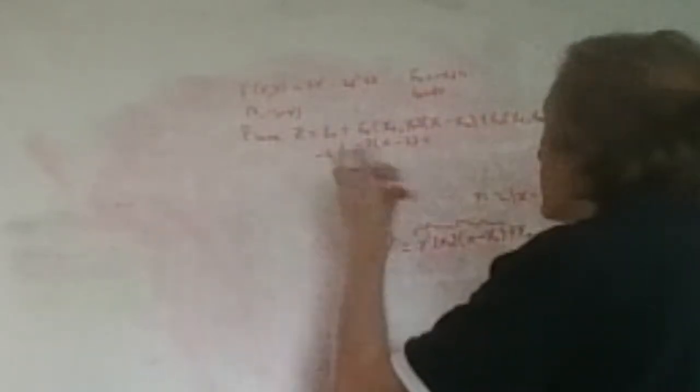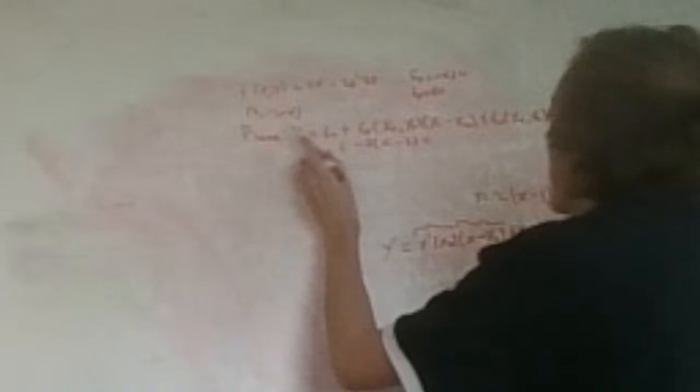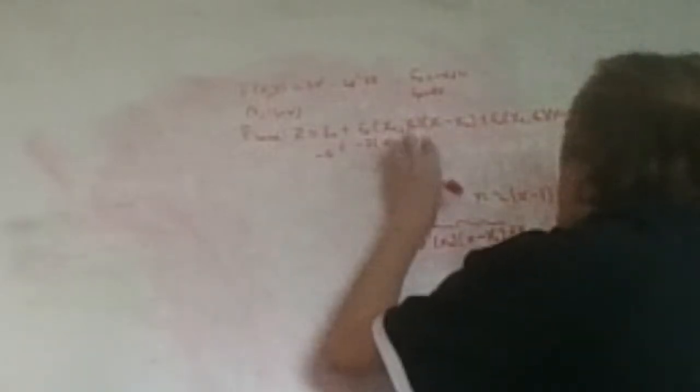So -7 times x minus x naught, which is 2, plus f sub y is 4y, so 4 times -1 is -4, so -4 times y minus y naught, which is -1, so y plus 1.